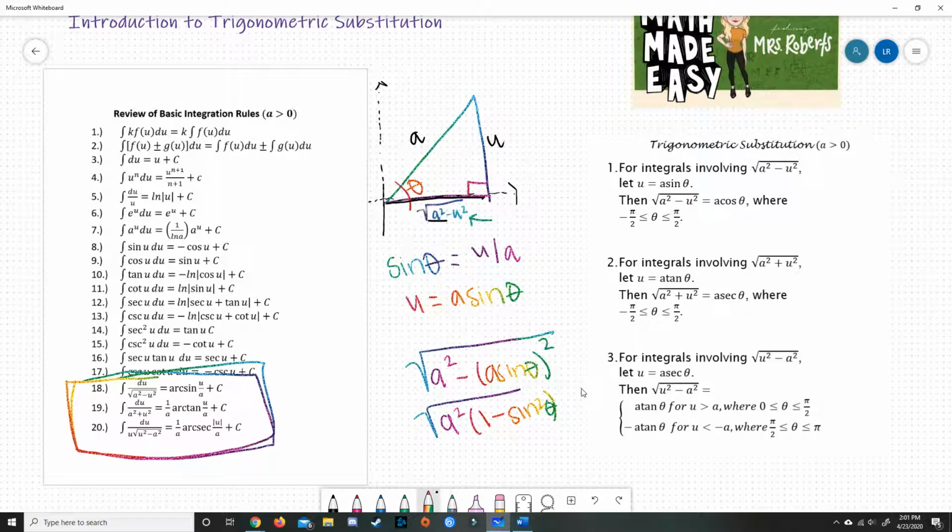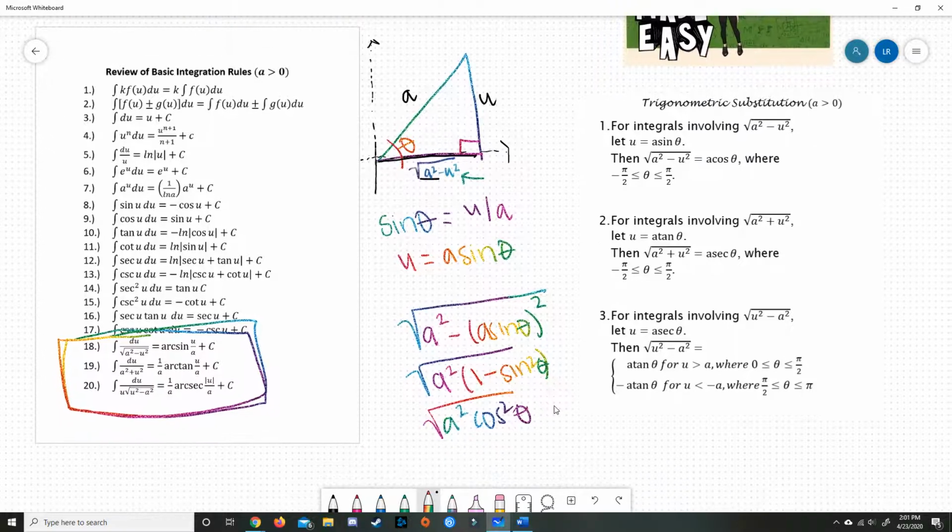And so this actually becomes A squared cosine squared of theta. And I can take the square root of that. The square root of that is A cosine of theta, which means that this right here is really just A cosine of theta.